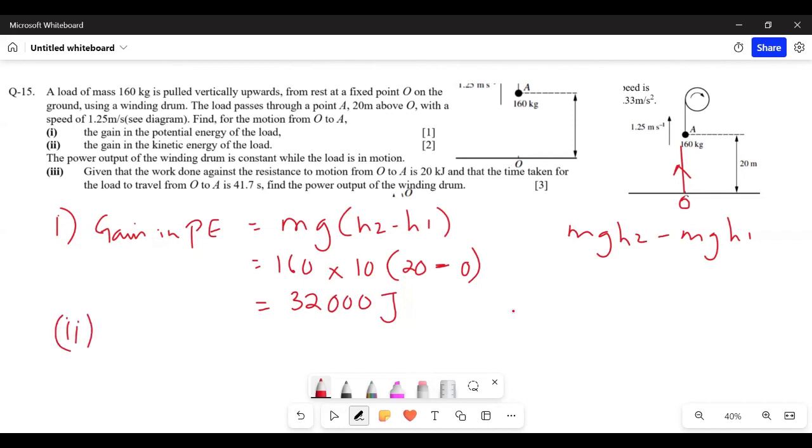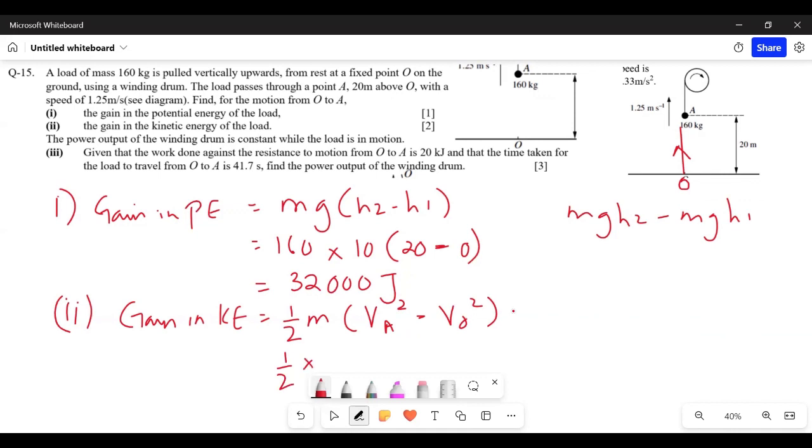Part 2 is the gain in kinetic energy of the load. So again, O पे speed 0 है और A पे speed बताई हुई है 1.25 meters per second. So that means kinetic energy भी gain हो रही है as we go from O to A. So gain in kinetic energy का formula होता है half m, the bigger speed which is the speed at A squared minus the smaller speed which is the speed at O squared.